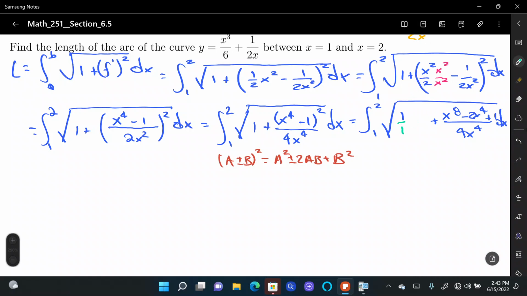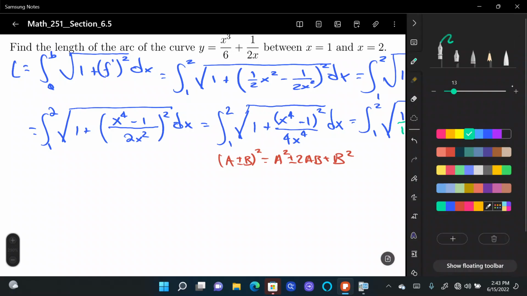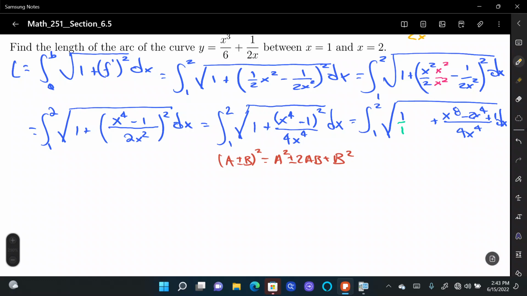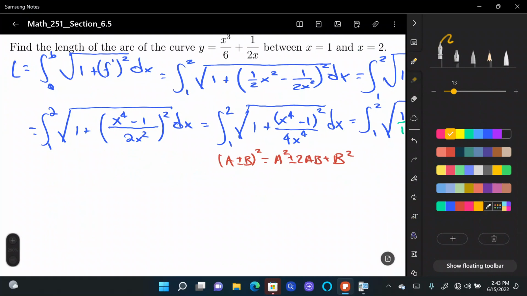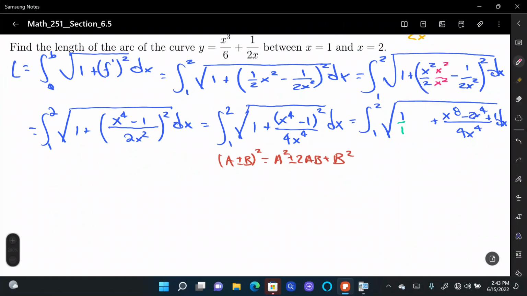And in the denominator of the first term, you can think of having an invisible 1 in here, and let's do a least common denominator again. So for the LCD we need to make sure that both terms have a denominator of 4x to the 4th power.